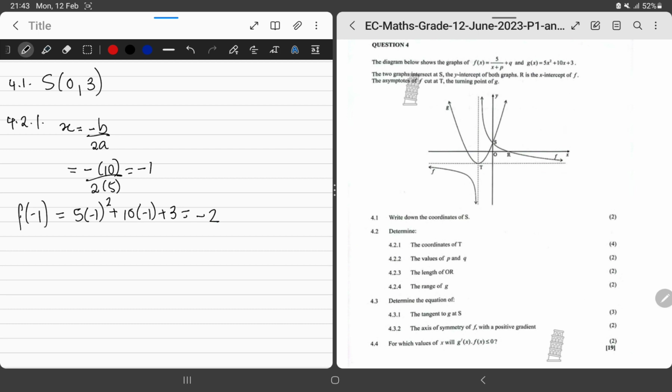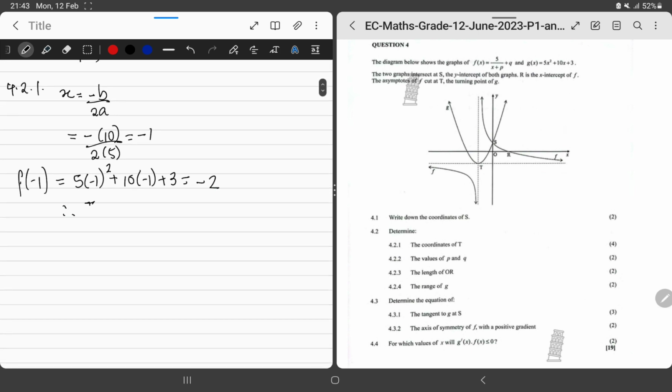That's -2. This means that the coordinates of T are (-1; -2).